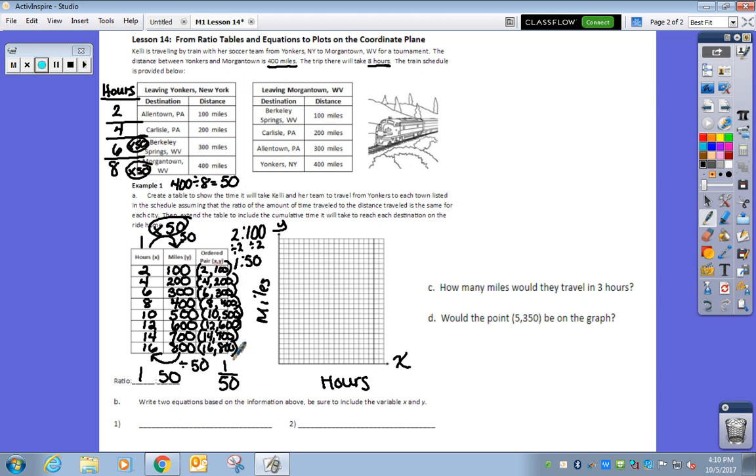So now, if I wanted to put these on the graph, what I would have to do is count how many things I'm trying to put on the graph. So, across the hours axis, I'm trying to put 8 numbers.